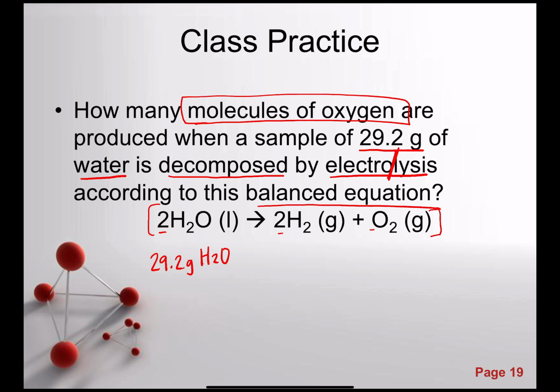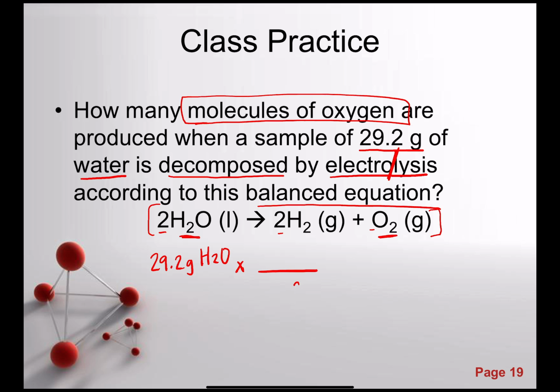So 29.2 grams of water. So what we're always trying to do is get to moles. We need to get to moles if we want to go from water to oxygen. We have to go to moles first. There's no other way to get from water to oxygen but through the mole ratio. Okay, so let's get this grams of water.